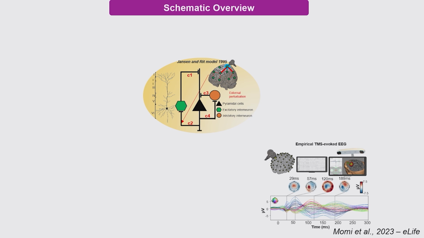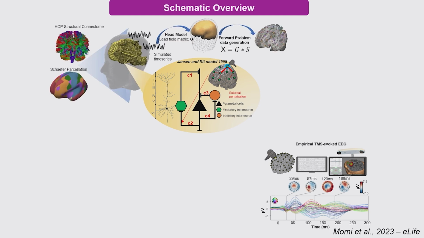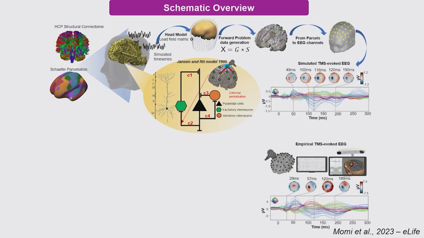We took this model and we stuck it in a 200-region parcellation. So we divide the brain into several regions, and in every region we put this model. The connectivity between the parcels was modeled with DWI, diffusion imaging. We simulate the activity at the level of the parcels, and then we invert the model for simulating the EEG.